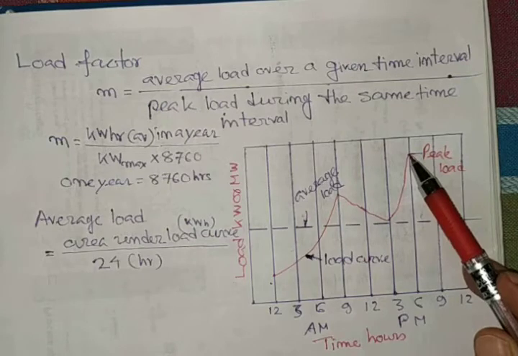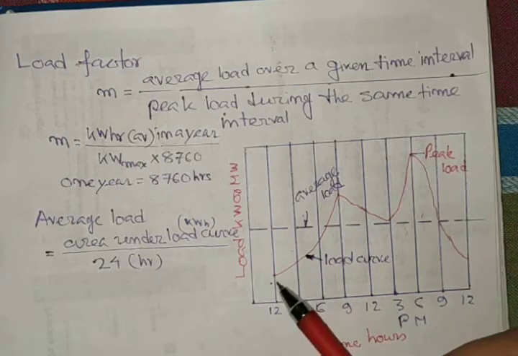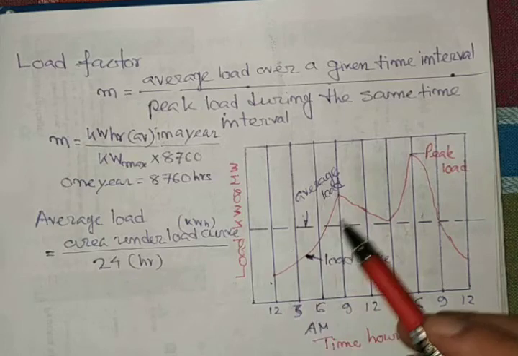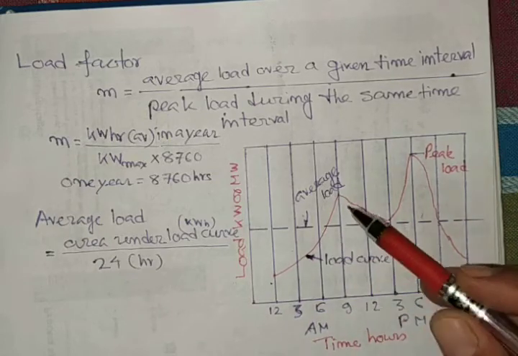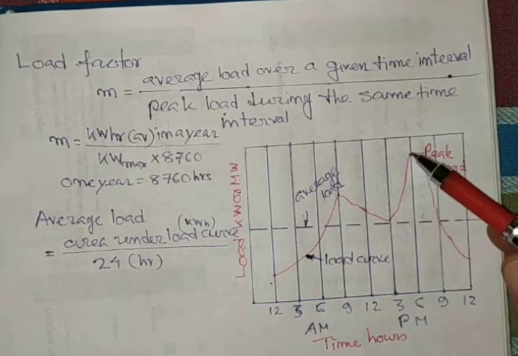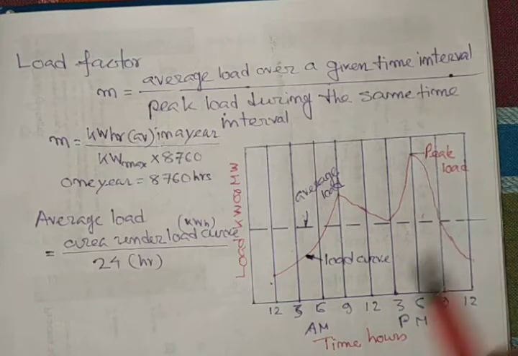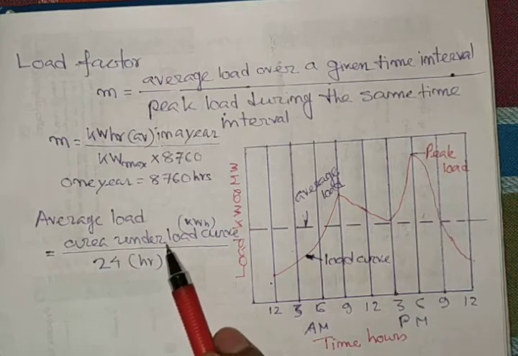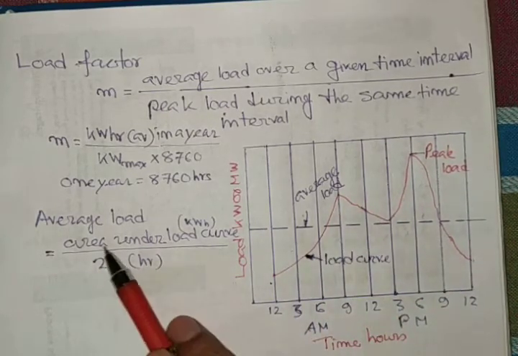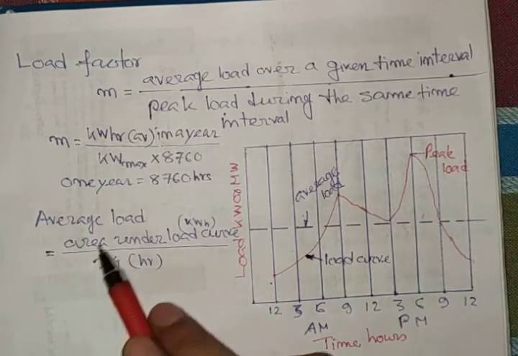This is your peak, suppose at 6 p.m. The curve starts at midnight, 12 to 3 to 6 to 9 in the morning. Again it comes down, then again it increases at 6 o'clock, then comes down to 12 at night. So the average load is the area under this load curve divided by 24 hours.